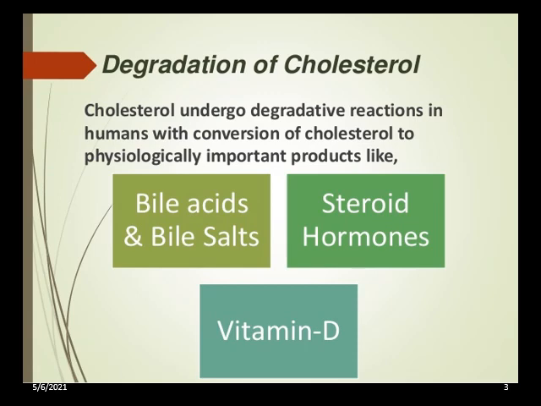In other tissues, cholesterol is converted mainly into steroid hormones, in the adrenal cortex and gonads, and vitamin D, which is synthesized mainly in liver and kidney, because the activation hydroxylation of vitamin D occurs in liver and kidney.